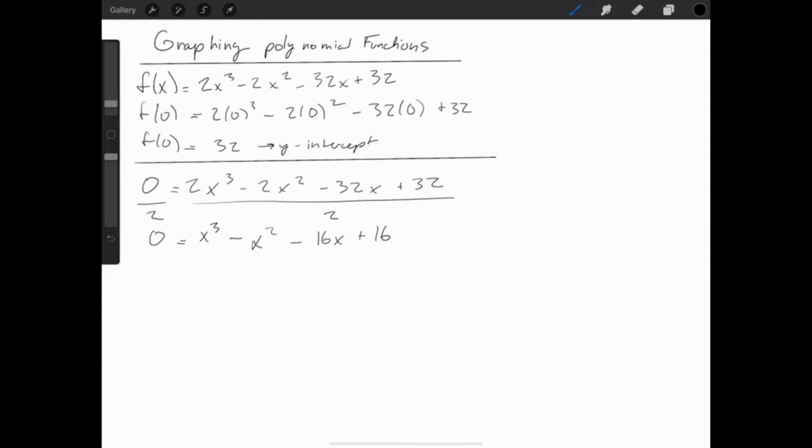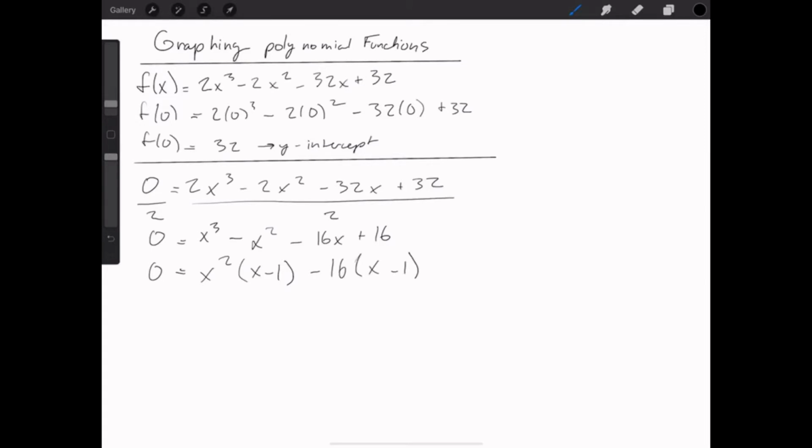And now that you're looking at the terms, you might see that both of the paired terms have a coefficient in common, so we can factor these terms out. So 0 equals x squared times x minus 1 minus 16 times x minus 1.